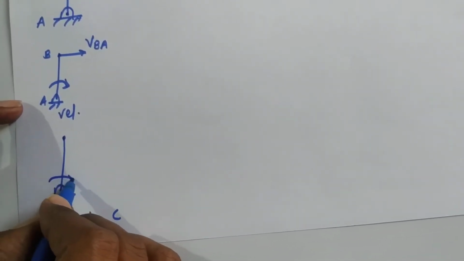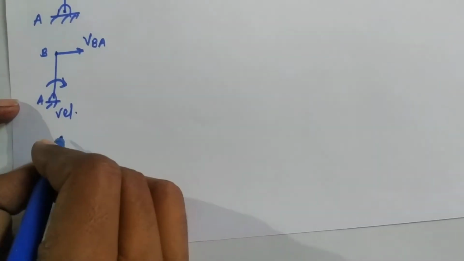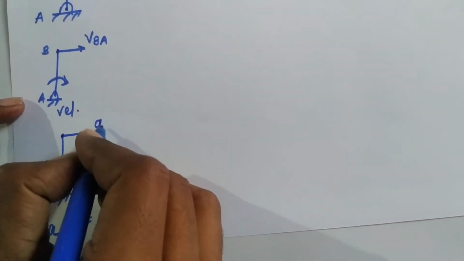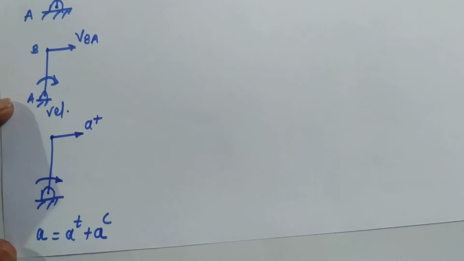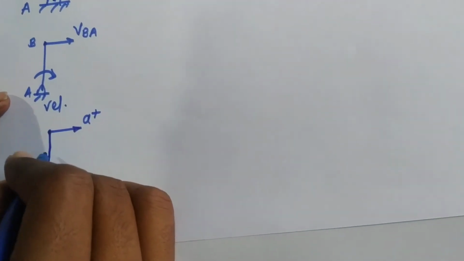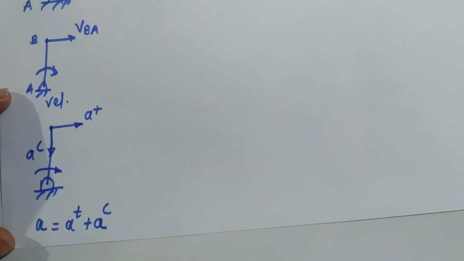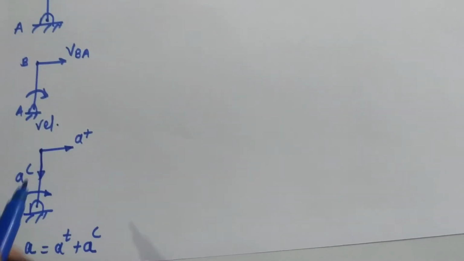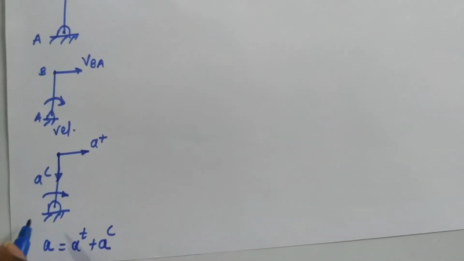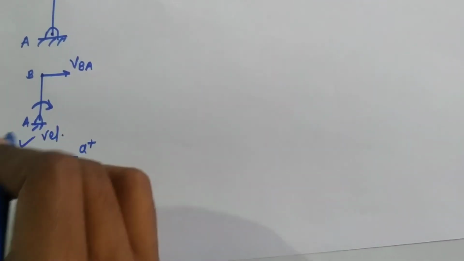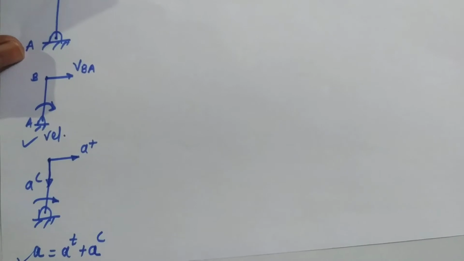Assuming that it rotates clockwise, therefore AT will be perpendicular to the link in the direction of rotation, while AC will be along the link and toward the center. So we have discussed how to find acceleration and velocity of two points having a fixed distance.